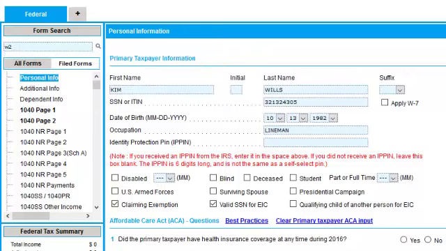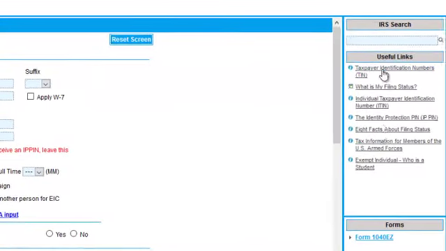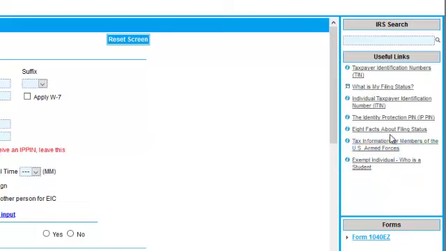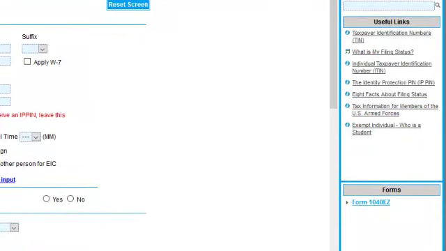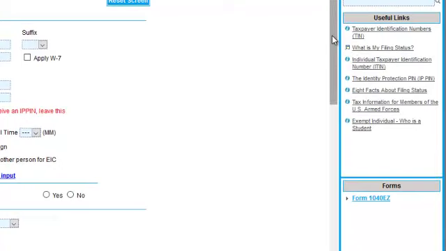Over to the right, these are different forms that will help you make this possible. If you, for any reason, run across something that you're not familiar with, you're able to read up on it. If I click on what is filing status, of course we know what that might be, but let's just click on it.